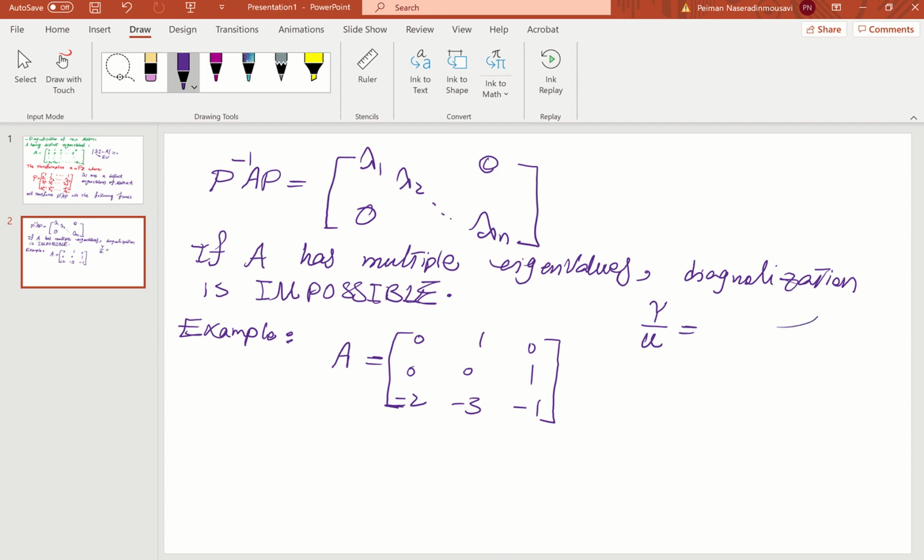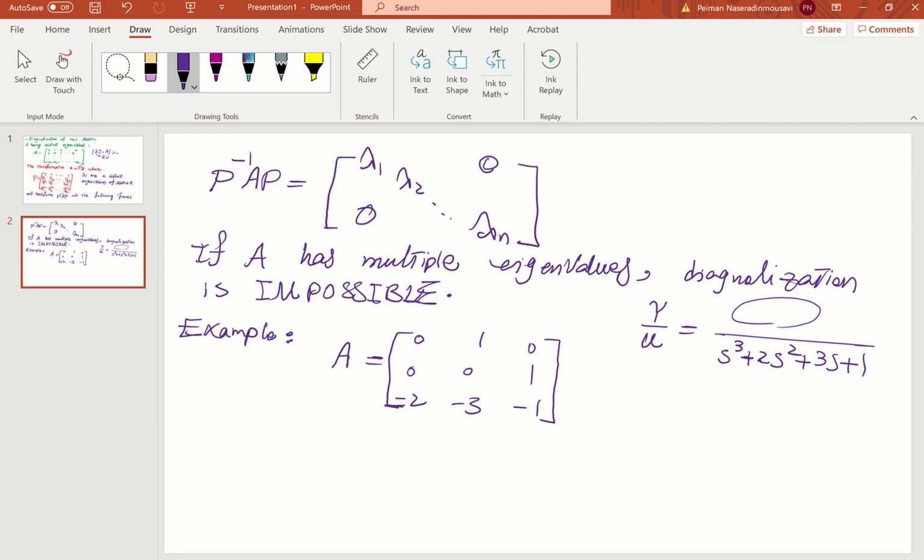If you look at the previous class notes, because it's the controllable canonical form, it's going to be a third order system, s cubed plus 2s squared plus 3s plus 1. These coefficients go there.